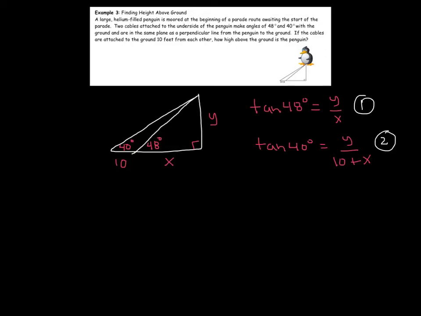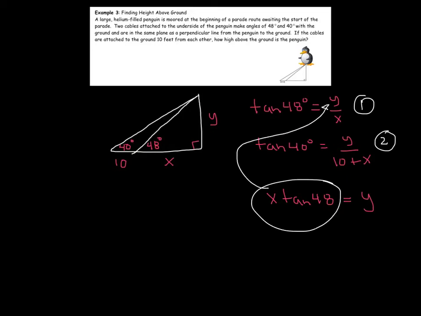All right, so solving equation 1 for y, when we multiply both sides by x, we get x tangent of 48 equals y. Now from there, we are going to plug that into equation 2.